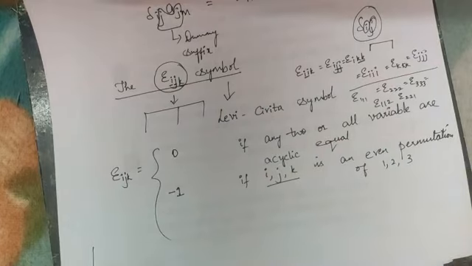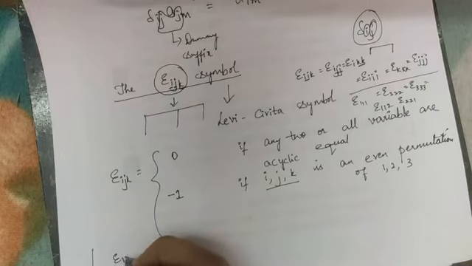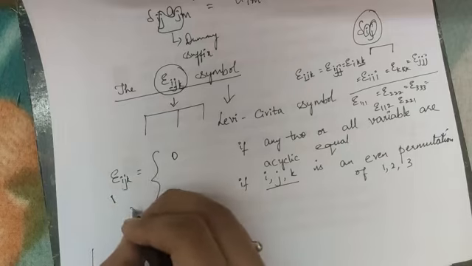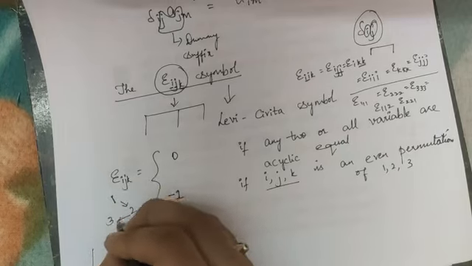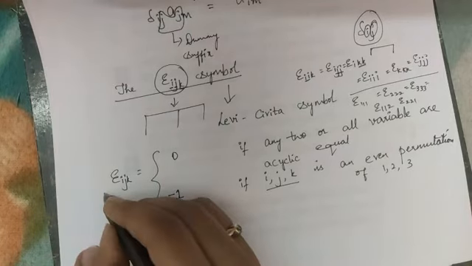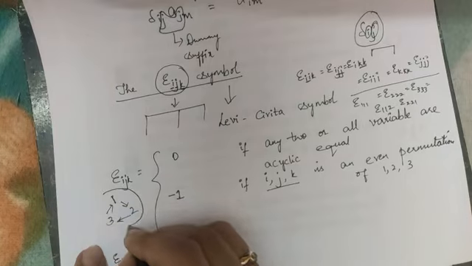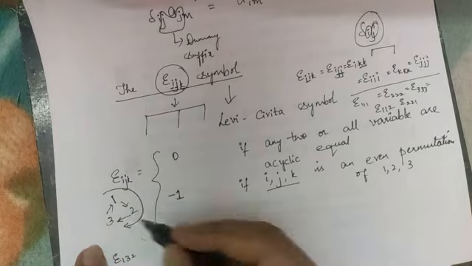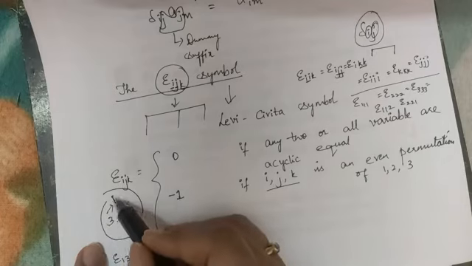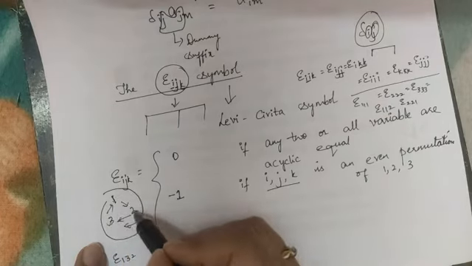Okay, that means epsilon 1 3 2. So if 1 2 3 is in cyclic manner, right? Here you can observe the rotation takes place in this way. If the rotation is in this way, we can say that our ijk values are acyclic. 1 3 2, so like this 1 3 2, 3 2 1, 2 1 3.